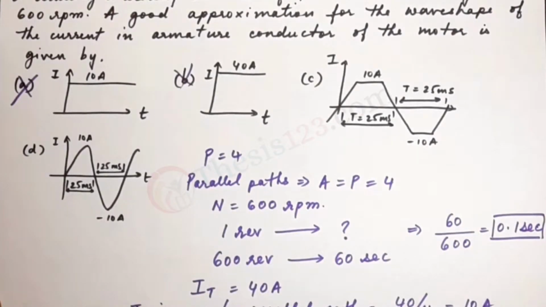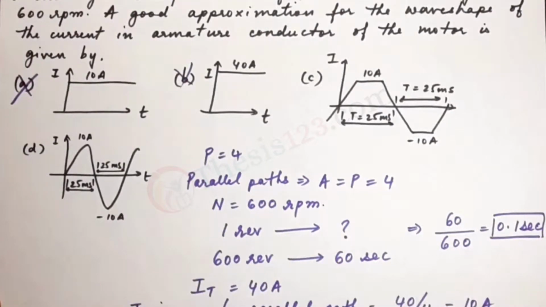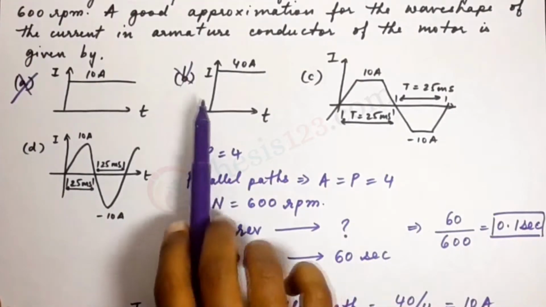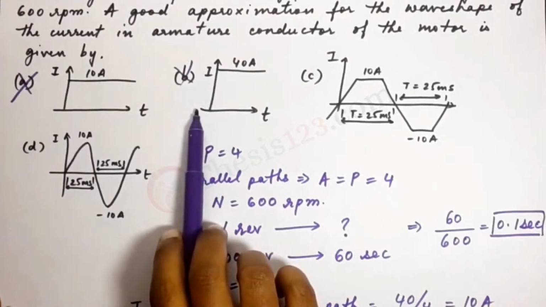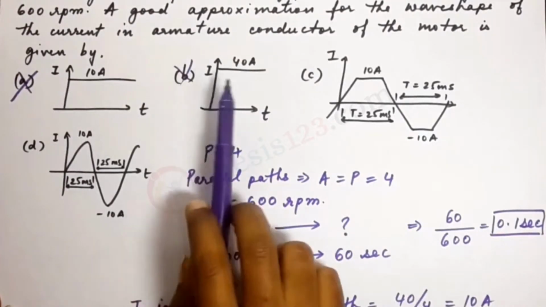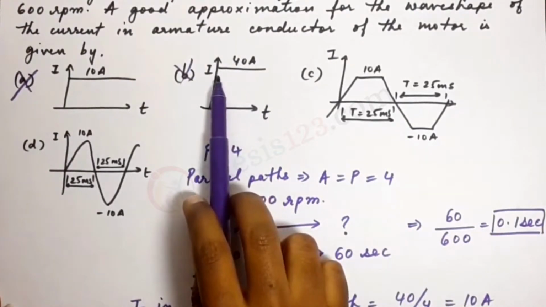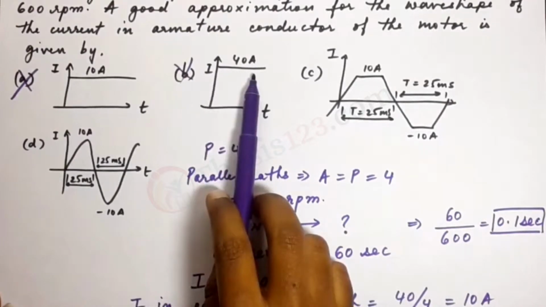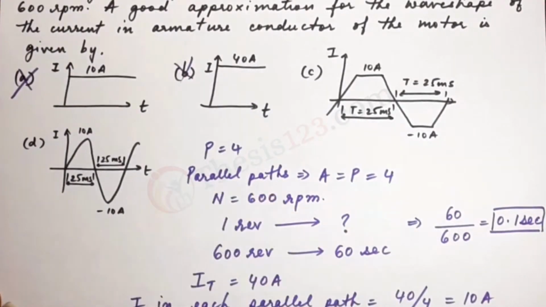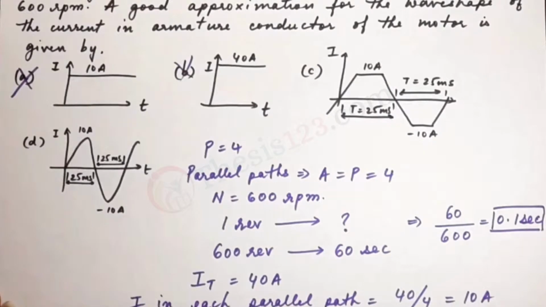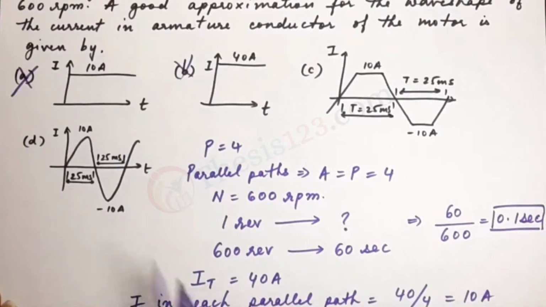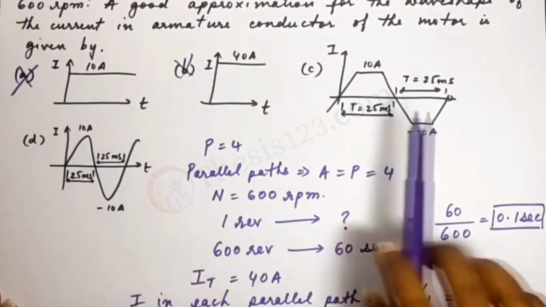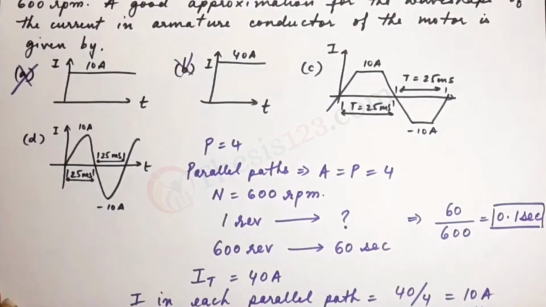Because the current in each parallel path is 10 amps, option B is not the right one, because here it's given that there is a direct current of 40 amps. So that is wrong. Now the current in each parallel path is 10 amps, which leaves us with the options of A, C and D.